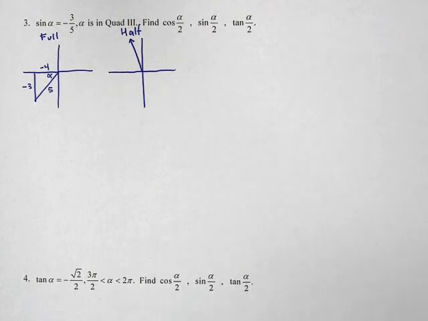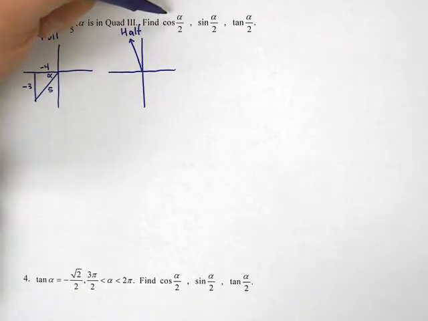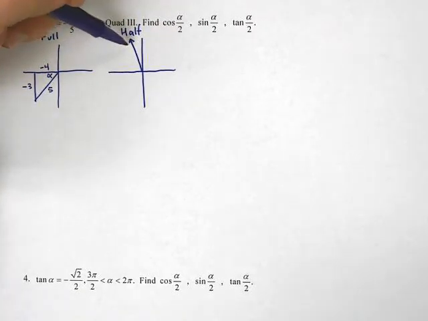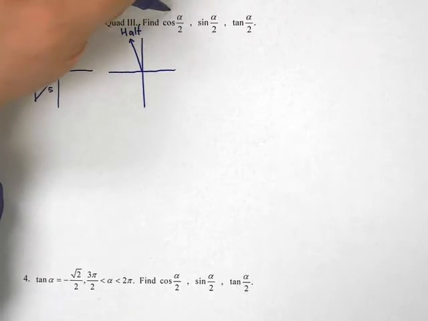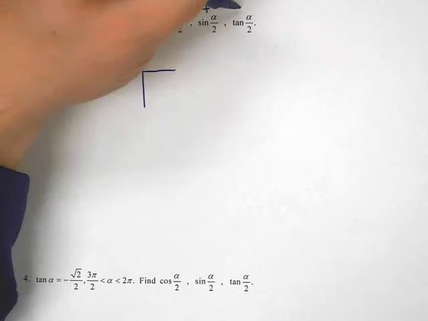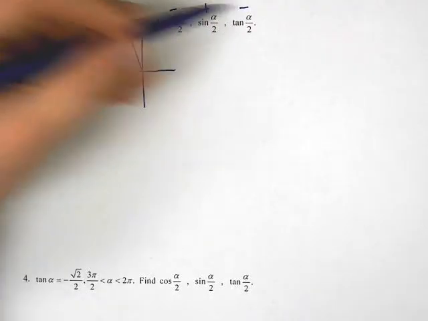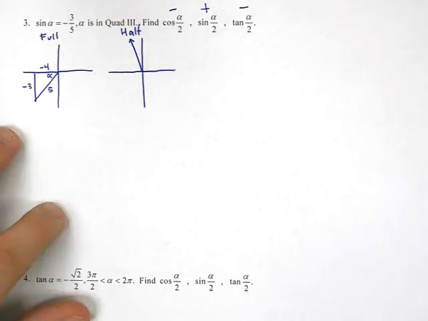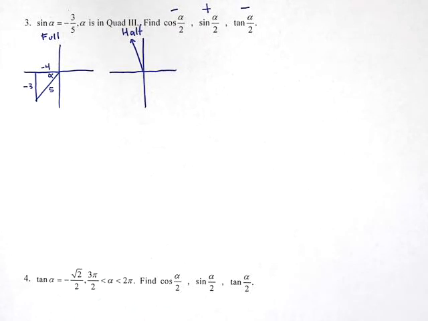Yeah, that looks good. And so why do I care about that? Because now I know that my half angle is going to be in quadrant 2, so my cosine is going to have to be negative, my sine will have to be positive, and my tangent is going to have to be negative. And this is good information to have before you start, because then you can use it to help check in a little bit.